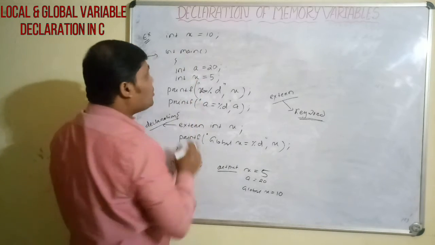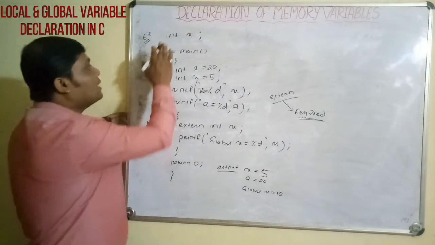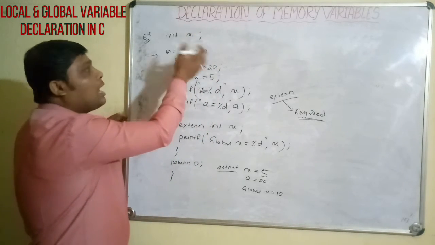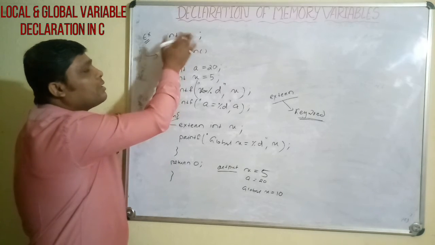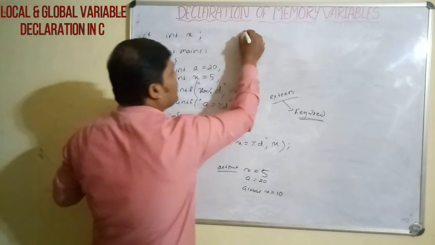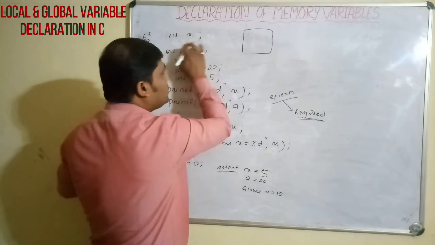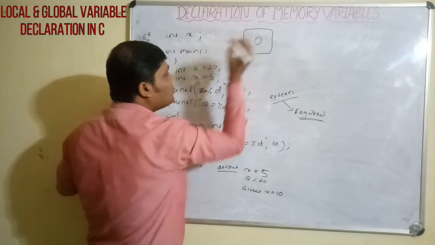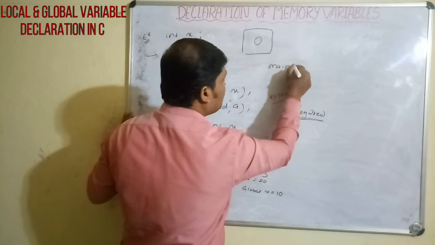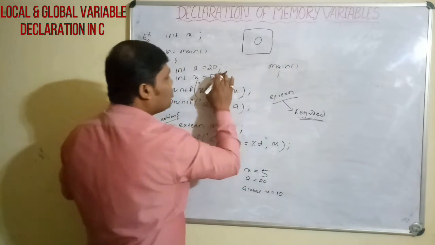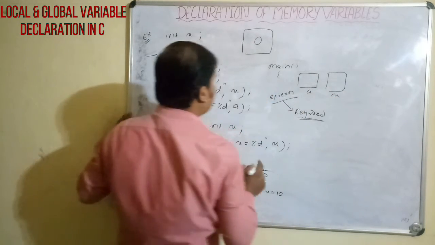Suppose here I am writing int x, that means it is both declaration and definition. So memory will be allocated. And as I have not given any value, since it is a global variable, it will be initialized to 0. Inside the main block, memory will be allocated for what? Variable a and variable x.